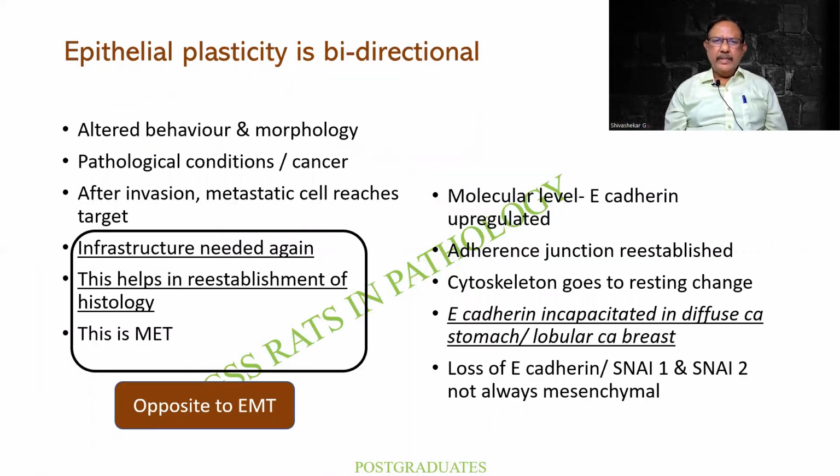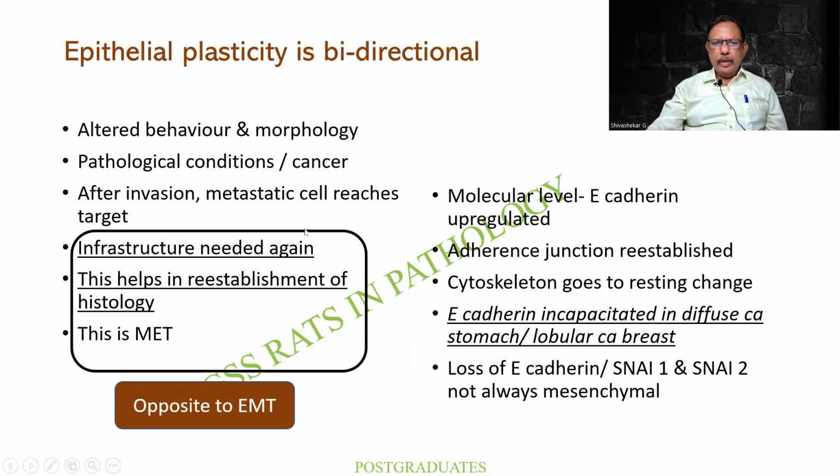The epithelial plasticity is bi-directional. I've already mentioned that. So there is an altered behavior in the morphology. There are various pathological conditions such as hyperplasia, wound healing, and cancer. After invasion, the metastatic cell reaches the target.